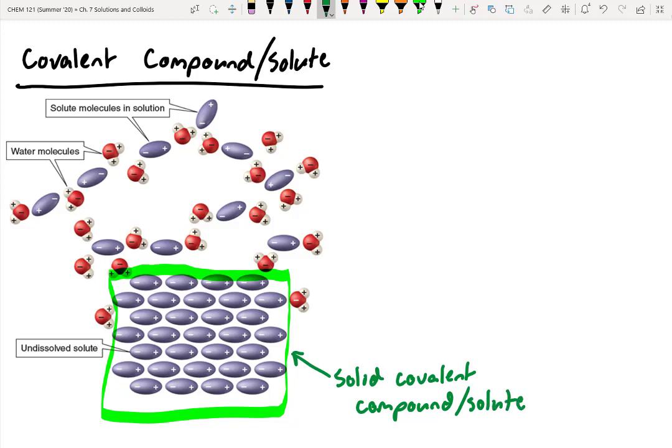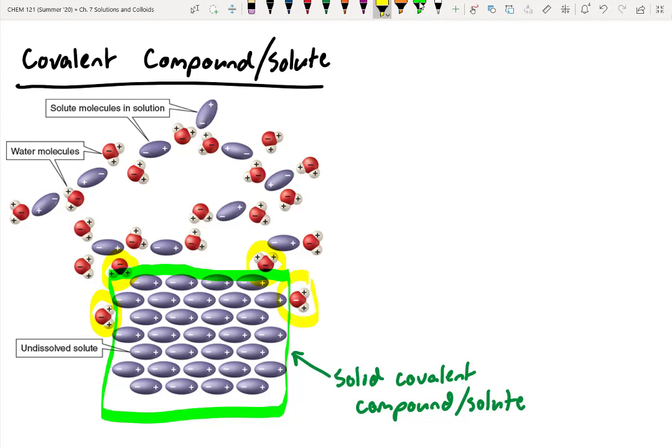If we have sugar, sugar's covalent, these water molecules over here will start bumping into that solid and essentially dislodging the crystal structure within this covalent compound. But same idea, we're going to have some hydrated molecules, meaning they're going to essentially get wrapped up by water. So let's go ahead and really zoom in on one of these.